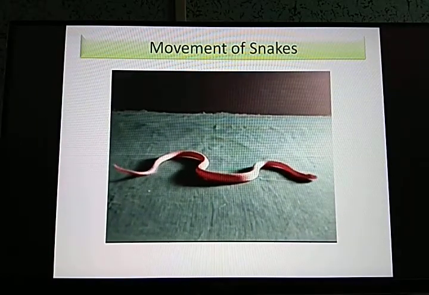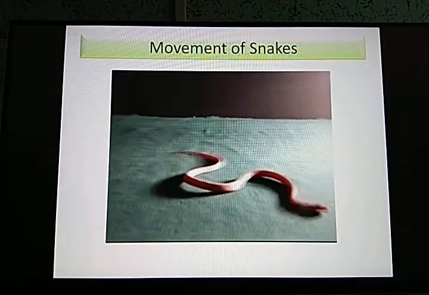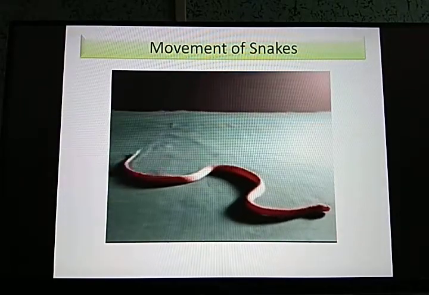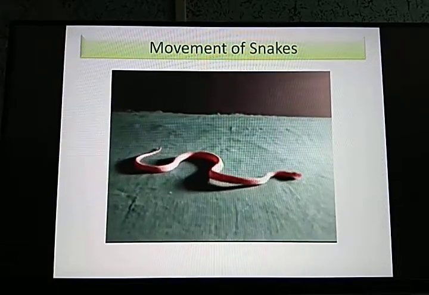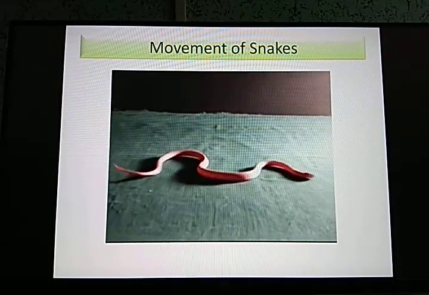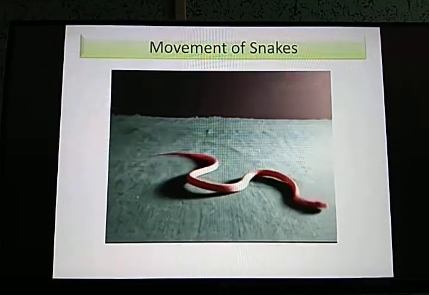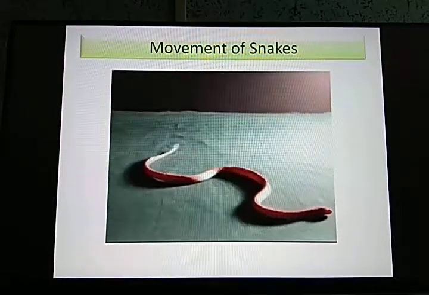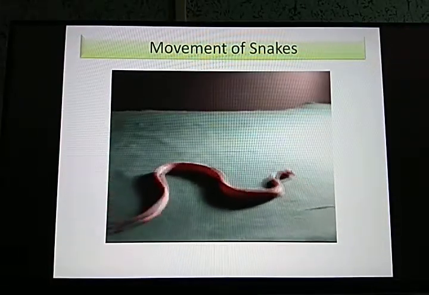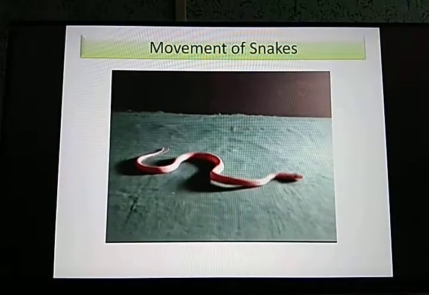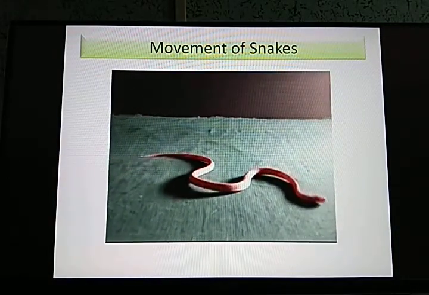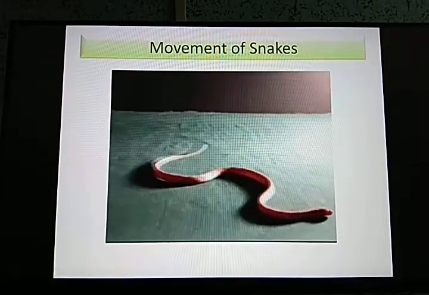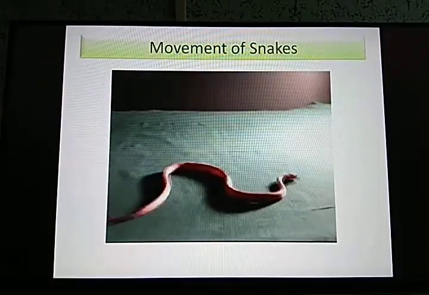But since it moves in this curvy pattern, the motion is quite fast. The snakes can move very fast as compared to other reptiles. Other reptiles move in a straight line, but the snakes always move in such a curvy pattern, making a loop. And these loops provide the necessary force for the snake to move forward.